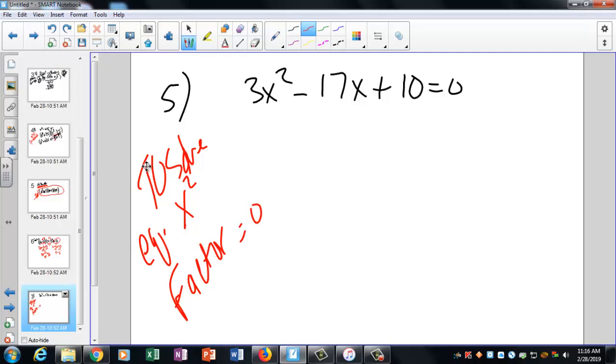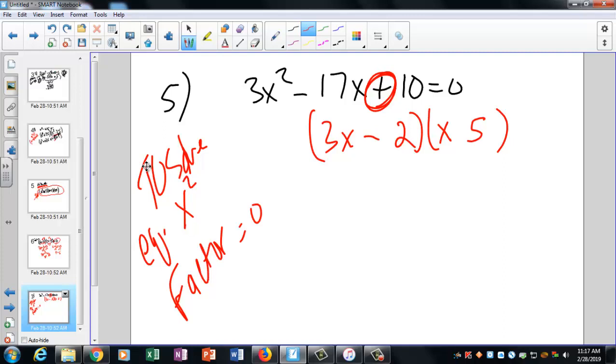If it's not equal to 0, we want to force it to be equal to 0 and then factor. But some way, somehow, we're going to have to factor. 3x and x. What is 10? 2 and 5. This sign is plus, which means what? These two signs have to be the same.